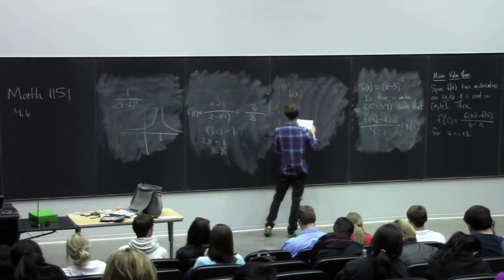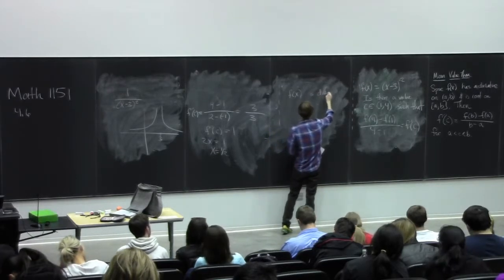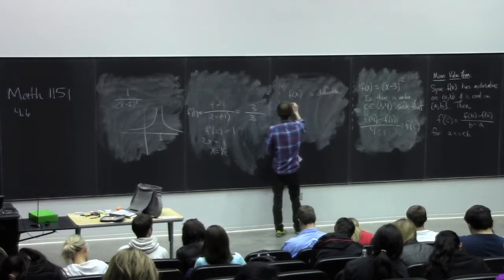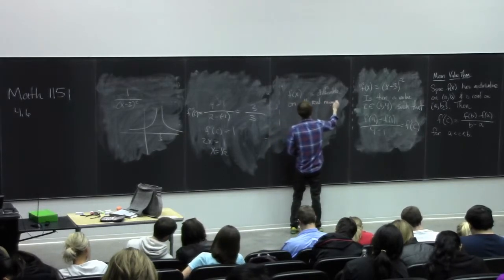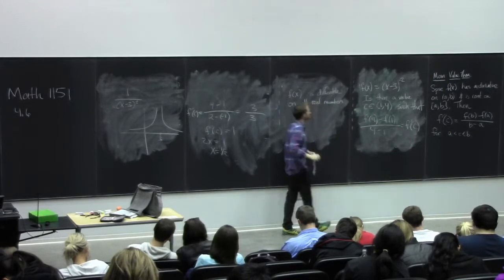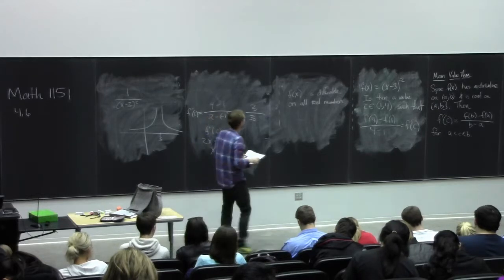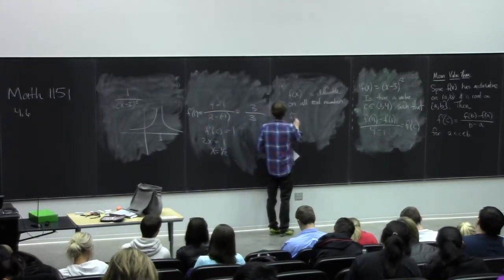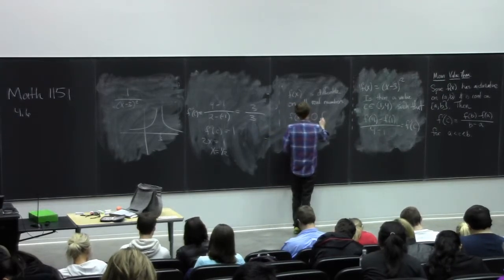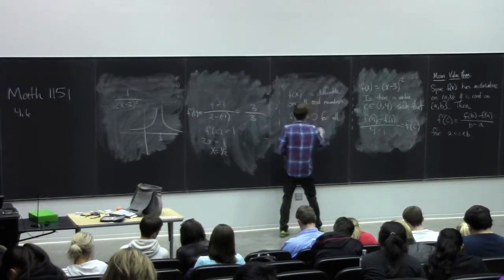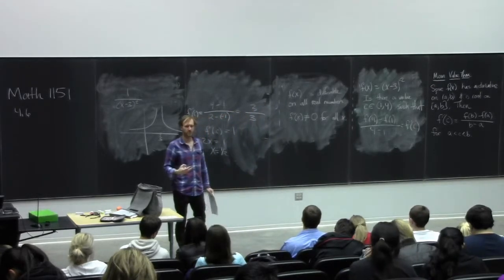So we'll see if I can figure it out after I write it down. f of x is differentiable on all real numbers. f prime of x is not equal to 0 for all x. So f prime is never 0.